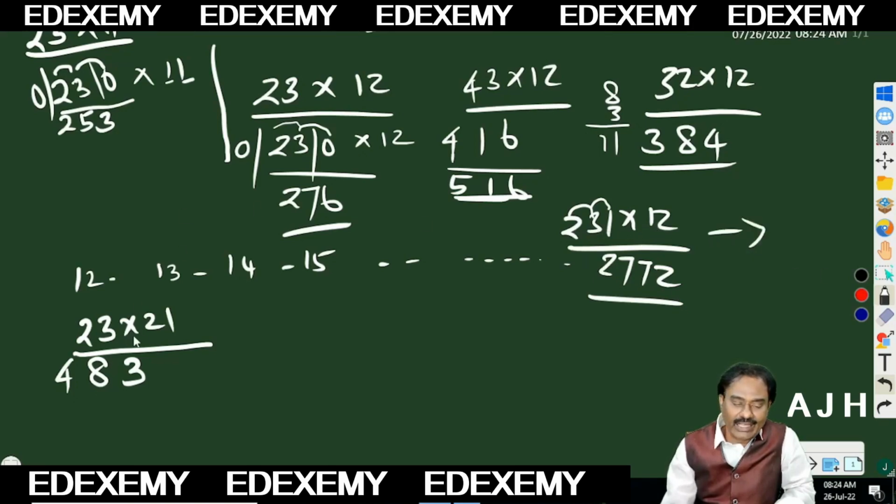Now here for 21 we will go in the reverse direction. So here the unit digit for 231 into 21 we will find out. So the unit digit you multiply 1 into 1 is 1.